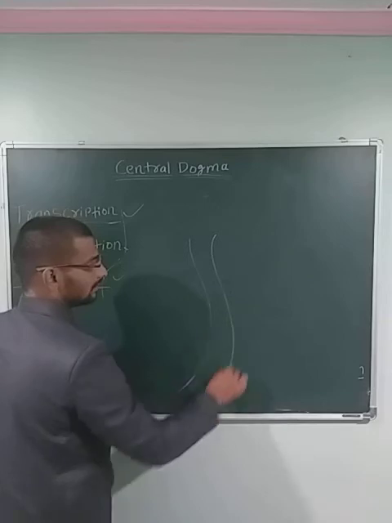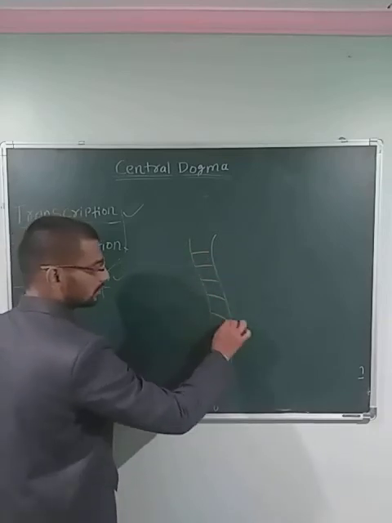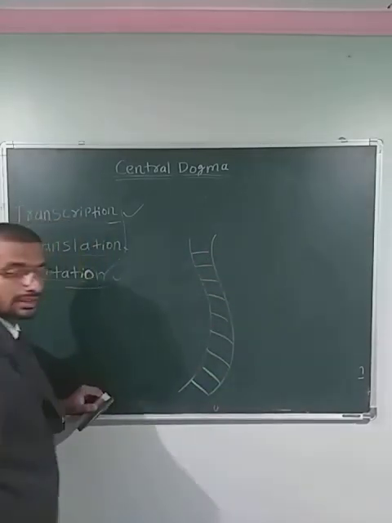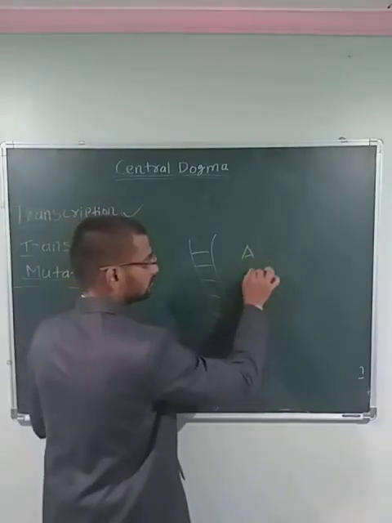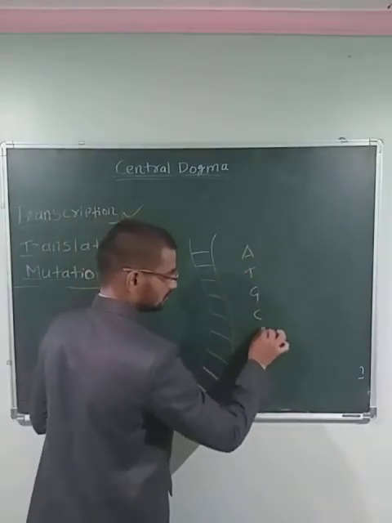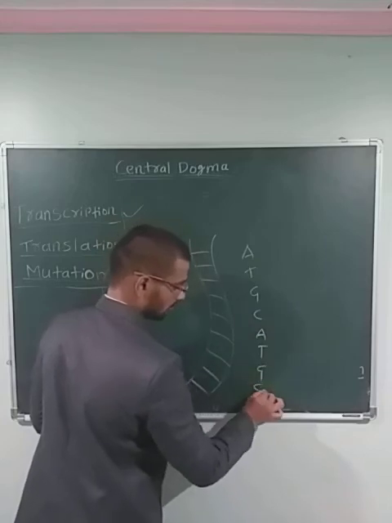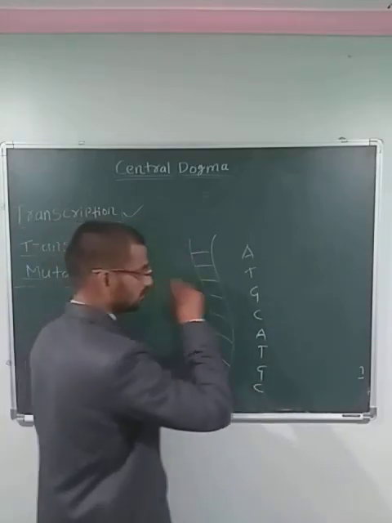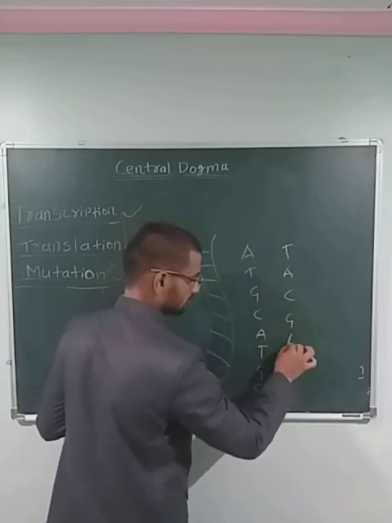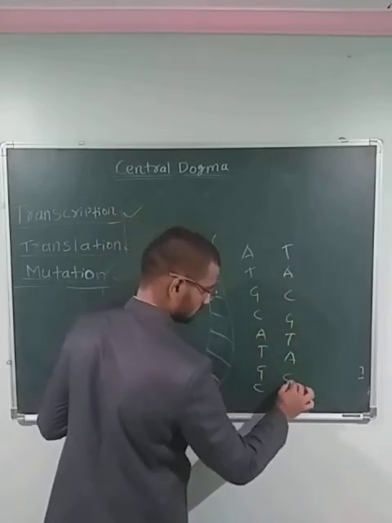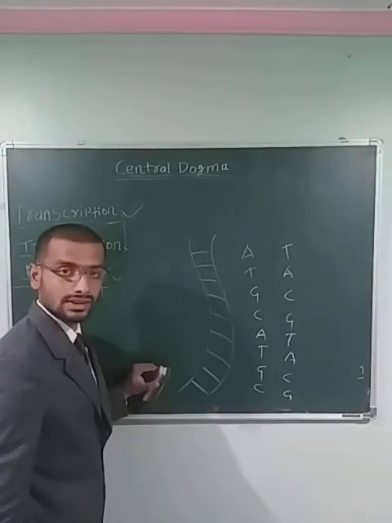We have seen that a DNA contains its own genetic material in the form of codons. Say, like this is the normal sequence and this is the complementary strand.